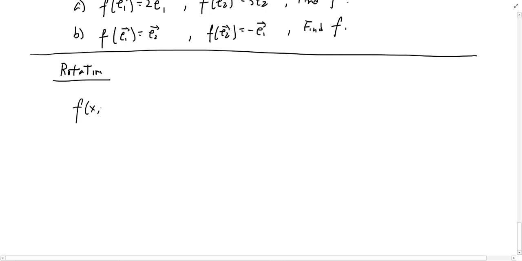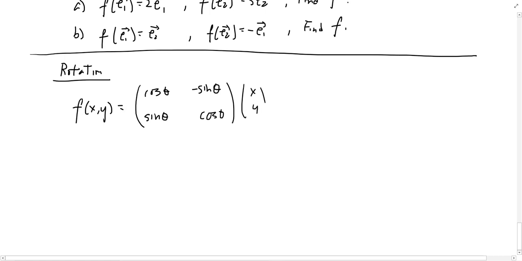If I define f of the vector (x, y) to be A times (x, y), then this matrix function has the coefficient matrix A: cosine theta, negative sine theta, sine theta, cosine theta. This matrix has a name, often referred to as R theta.